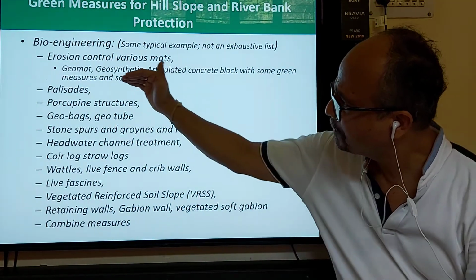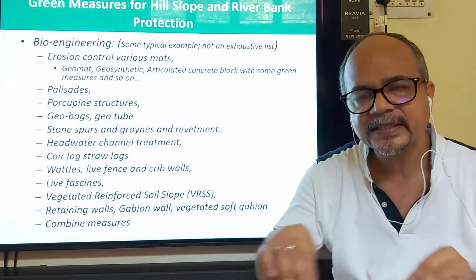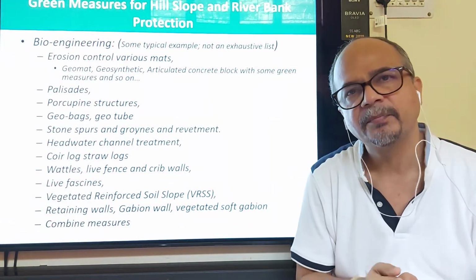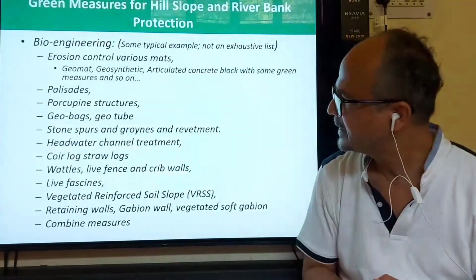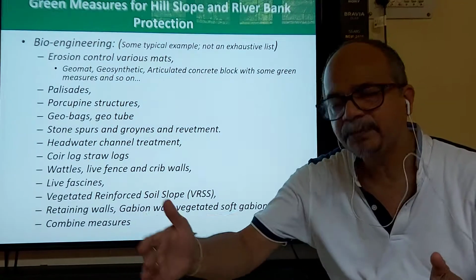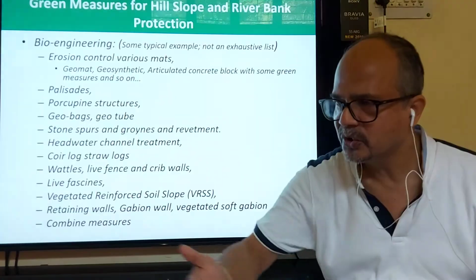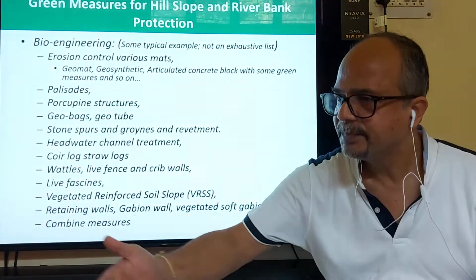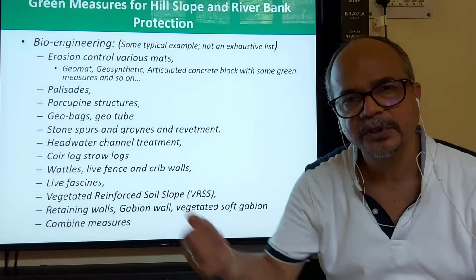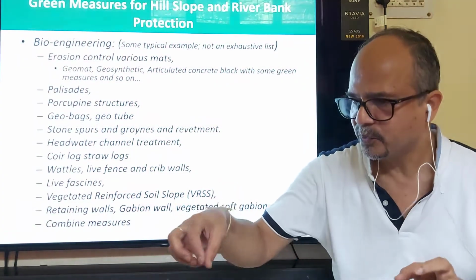Then we can have palisades. These are basically barriers, which we can make with bamboo, or sometimes with strips. If it is a small stream, in the curved portion where failure is occurring, we can give some strip kind of things, belt kind of things, or pool kind of things that people use.